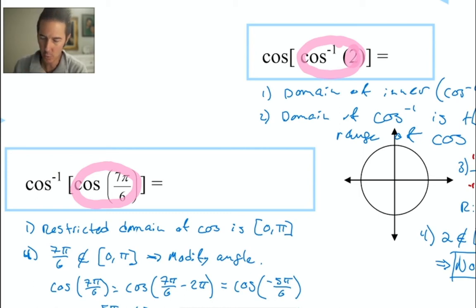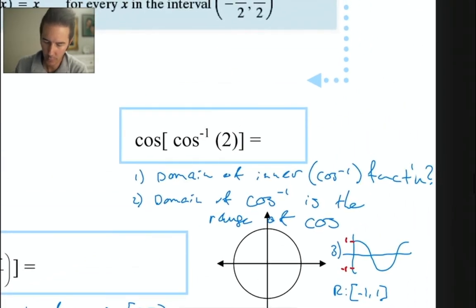Even if this 2 that's inside of here were written as 2 feet over 1 foot, the units would still cancel, right? It's still a side length divided by side length. It's still adjacent divided by hypotenuse. And the units cancel, which is why I called it a unitless value.